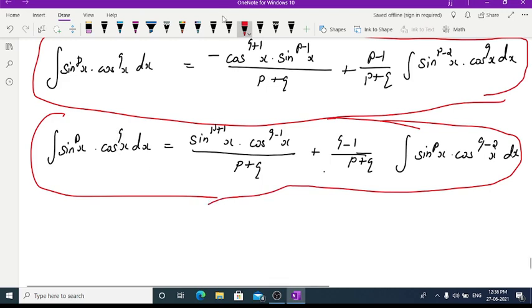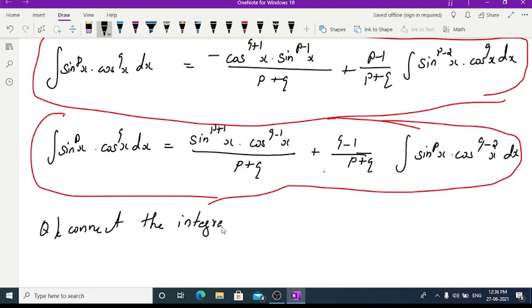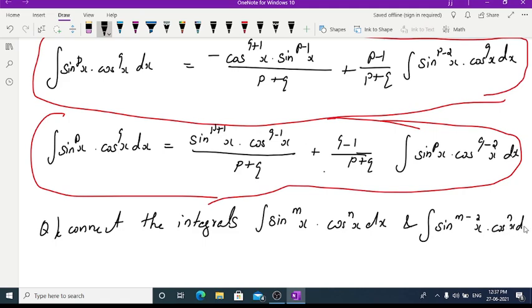Now one problem. Connect the integral sine raised to m x into cos raised to n x dx, and integral sine raised to m minus 2 x into cos raised to n x dx.